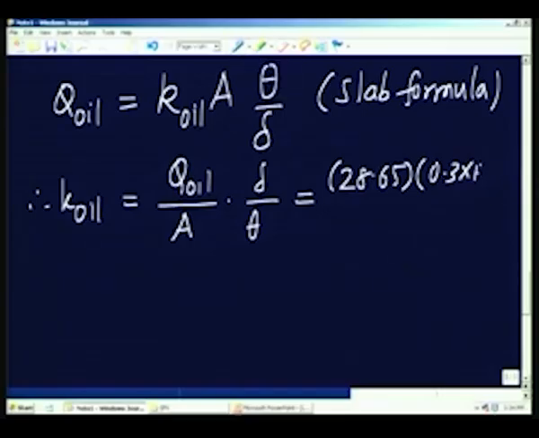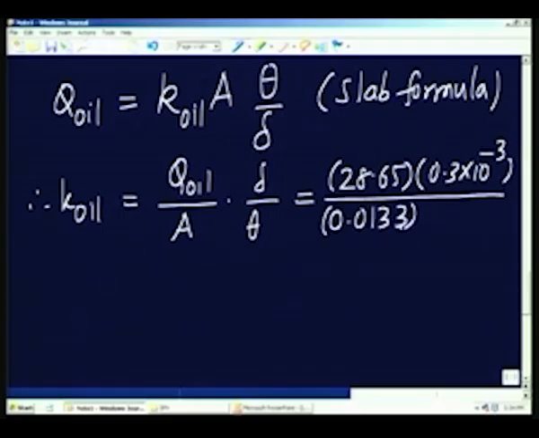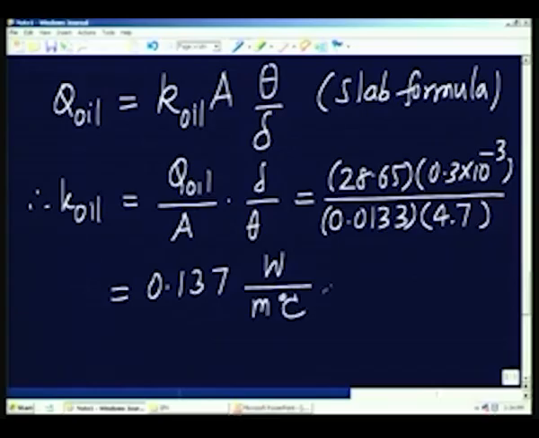It will be 10 to the power of minus 3 divided by 0.0133 square meters, the area available for the heat flow, multiplied by 4.7 degrees Celsius. So, this will work out to 0.137 watts per meter degree Celsius. This is the first answer we require. The thermal conductivity of engine oil is 0.137 watts per meter degrees Celsius.